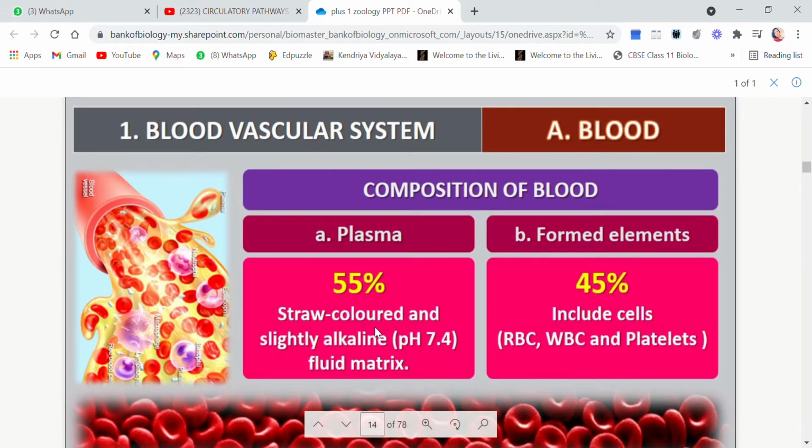It is straw colored and slightly alkaline with a pH of 7.4. pH 7 is neutral, so 7.4 is slightly alkaline, and it is fluid, so the matrix is fluid. Formed elements occupy the rest, 45% of the blood. They include RBCs, WBCs and platelets.